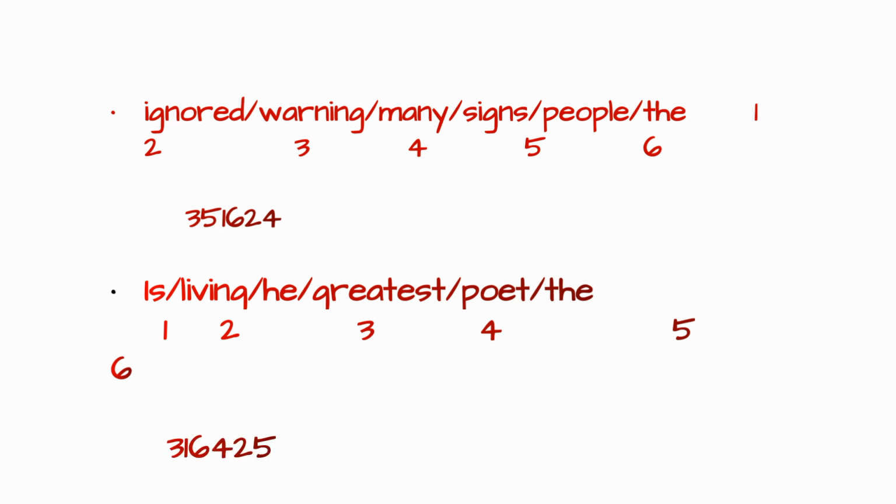The answer is 316425. What is 3? He. Here also the sentence is beginning with a pronoun. He is what? The. 6. He is the. 1, 2, 3, 4. He is the greatest living poet.